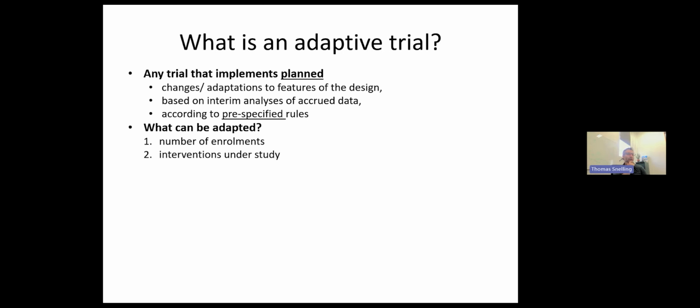People often will try to adapt or change the interventions that are under study according to pre-specified rules. Sometimes people will want to adapt the probability of assignment to each intervention that's under study in the trial, and sometimes people will want to adapt or modify the population that's under study.